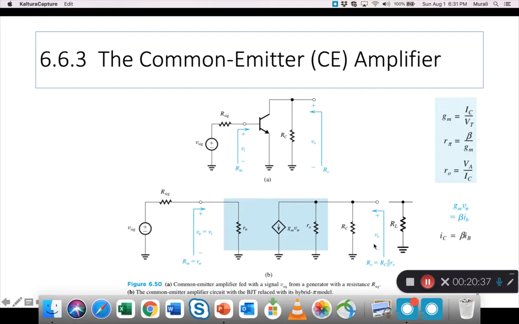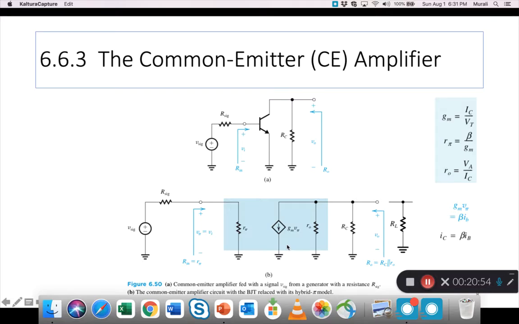Okay. So in this model, anytime you're shown an amplifier, it's understood that you will solve it by using the small signal parameters.